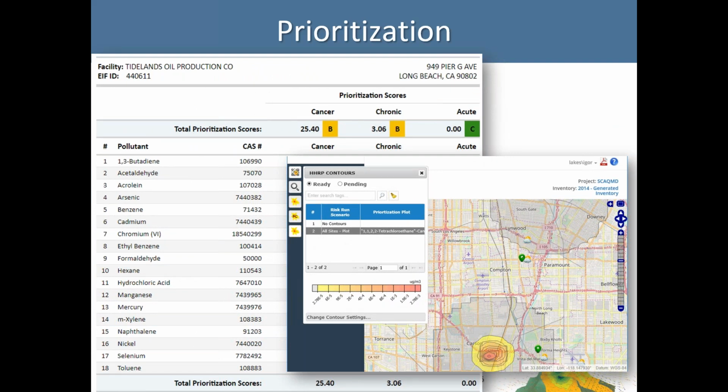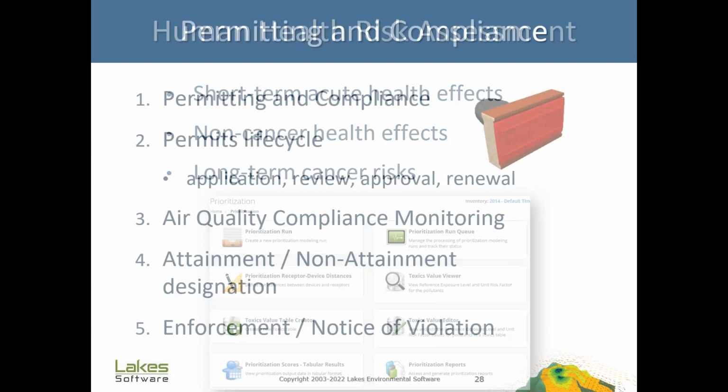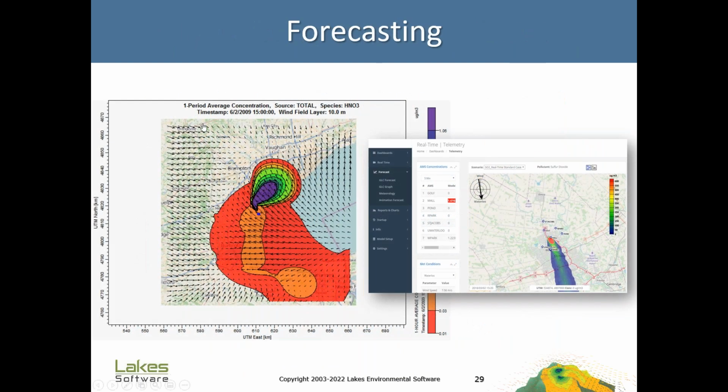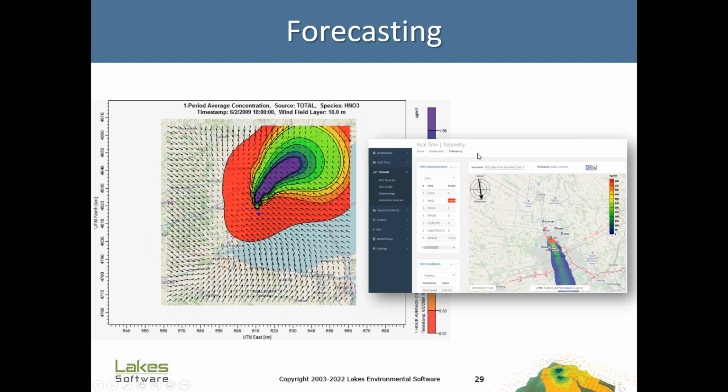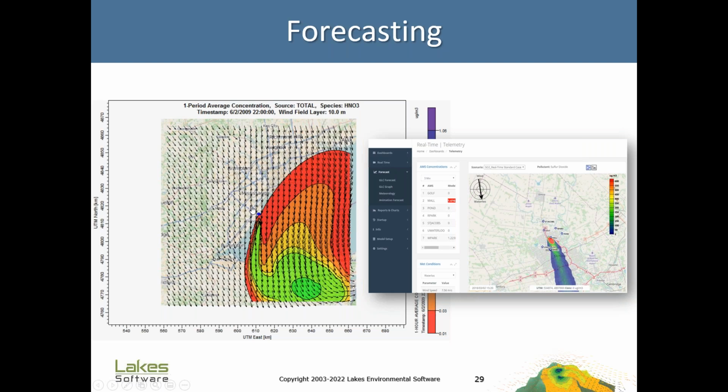We can do human health risk assessment, permitting and compliance. A lot of places do that with our systems. Can forecast with models. This one is in Toronto, Canada.